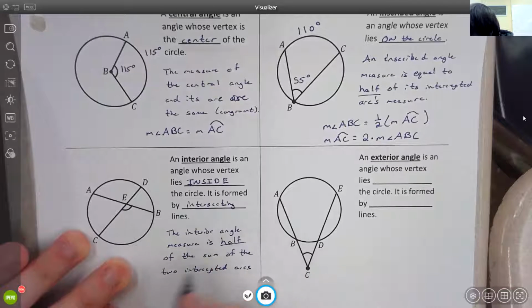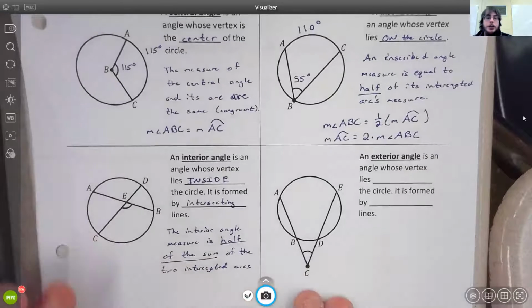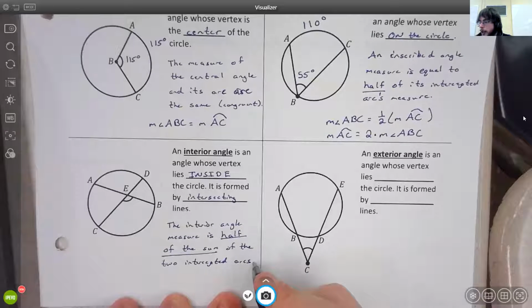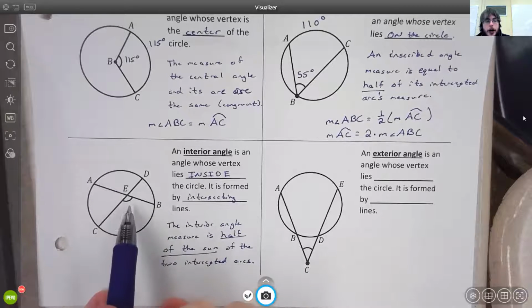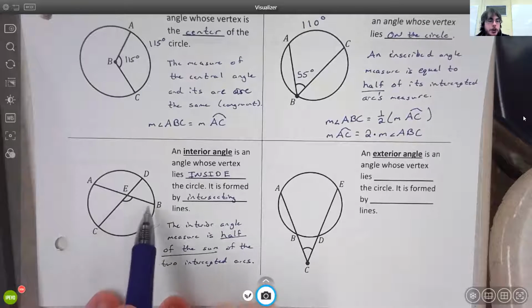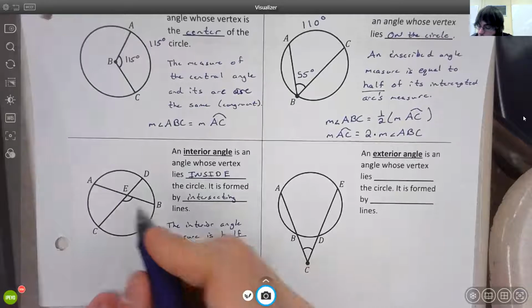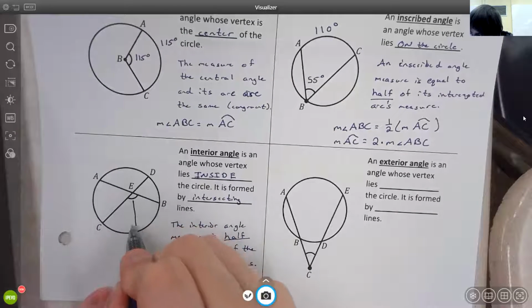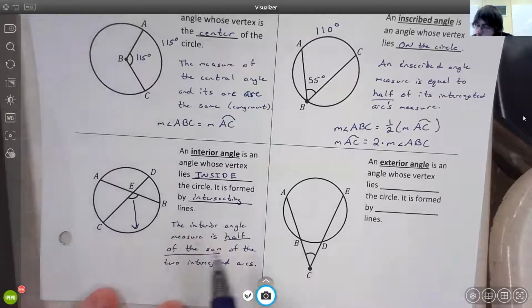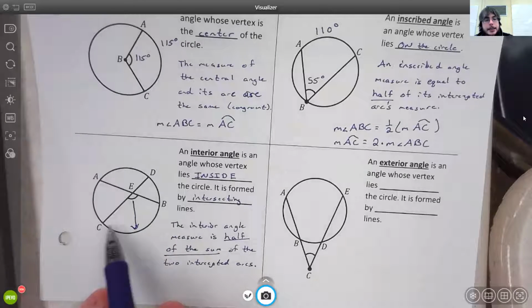So it's half of the sum of the two intercepted arcs. Now you may be saying, well, that angle there only intercepts BC, right? And you would be correct. This angle BEC is associated with BC.